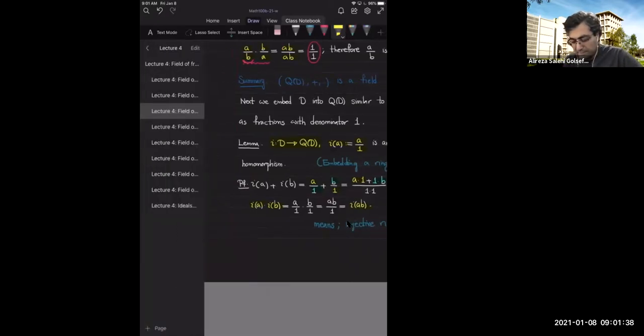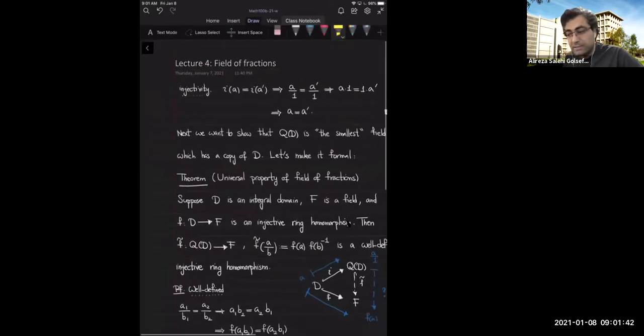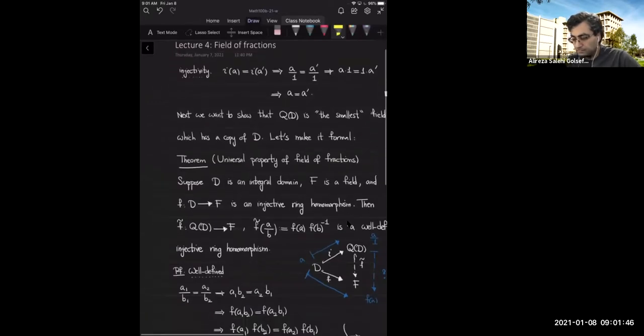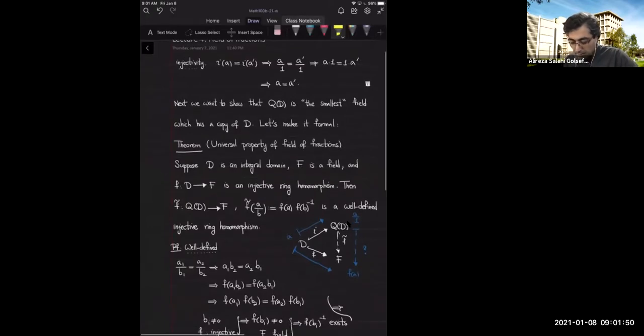Now, let's see why it's injective. Injectivity means that if i(a) is the same as i(a prime), then a is a prime.